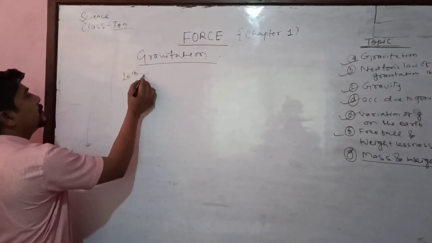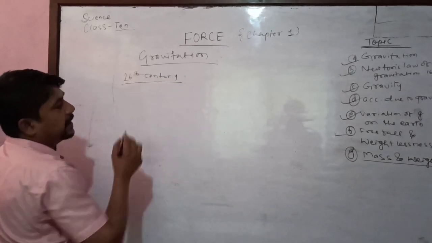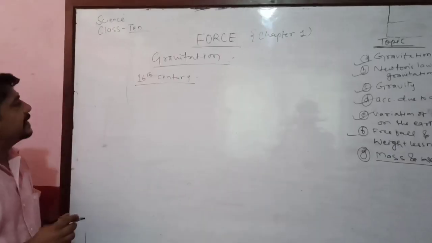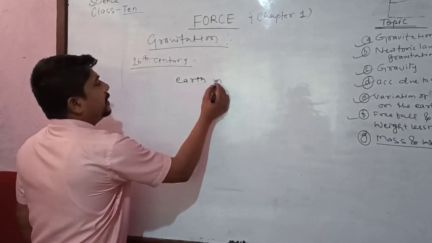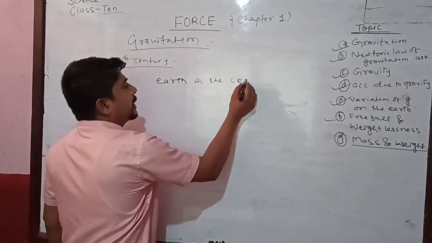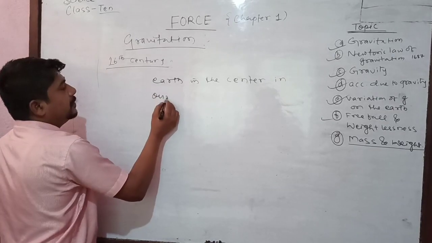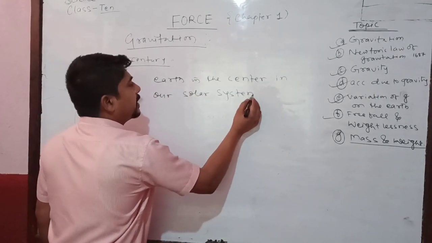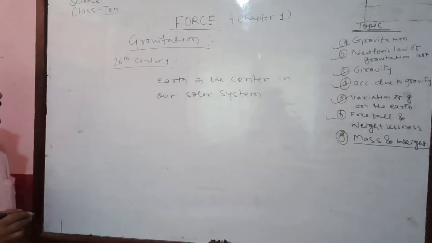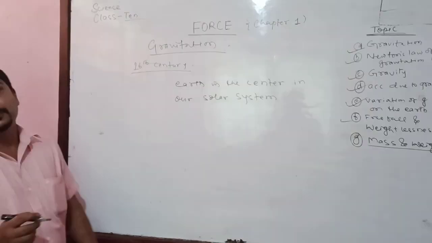Before the 16th century, people used to think that earth is the center in our solar system. हाम्रो सोलर सिस्टम को सेन्टर भनेको सन नभइकन अर्थ हो भन्ने कुरा 16औं शताब्दी भन्दा पहिलेका मान्छेहरूले त्यो बुझ्थे.